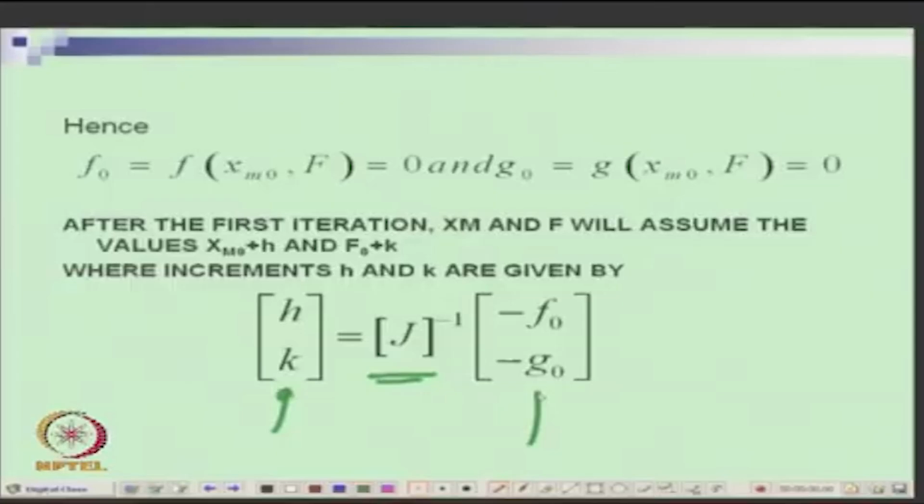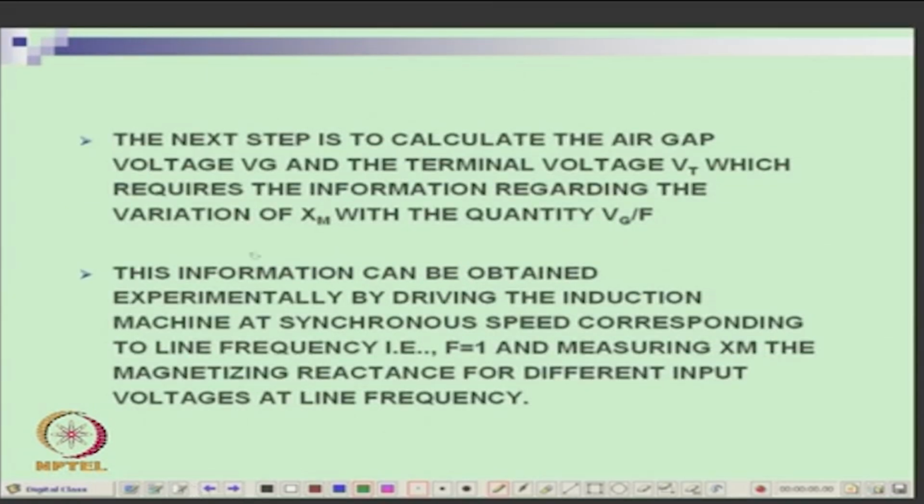So, we know that h k will be the inverse of the Jacobian matrix times minus f naught, g naught, is it not? That means you substitute these values, f naught and g naught being the functions of x m naught and f naught. You assume these two values, which you know, then you find out the step, and you go on repeating it.